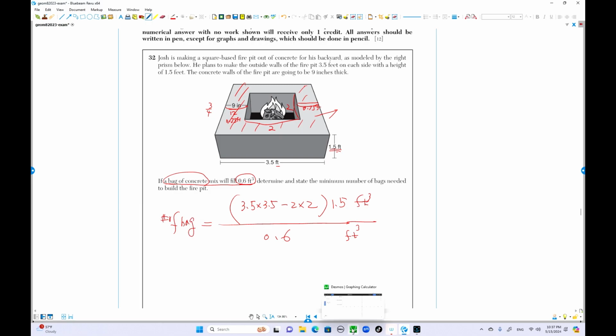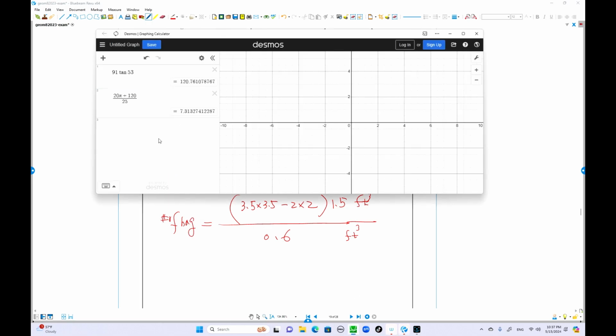So use your calculator, find the answer over here, okay? So 3.5 squared minus 2 squared. 2 squared is 4. I'm going to use the 4 over here. That is 8.25. After that, 8.25 times 1.5. I'm going to do this at the same time, okay?